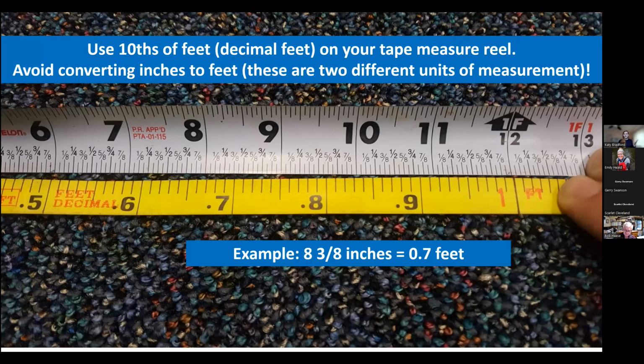Inches and feet are really two different units. So, what you see here in the image, 8 3/8 inches is equivalent to 0.7 feet. And it's just going to be way easier not to have to do any conversion. So just stick to your decimal feet.